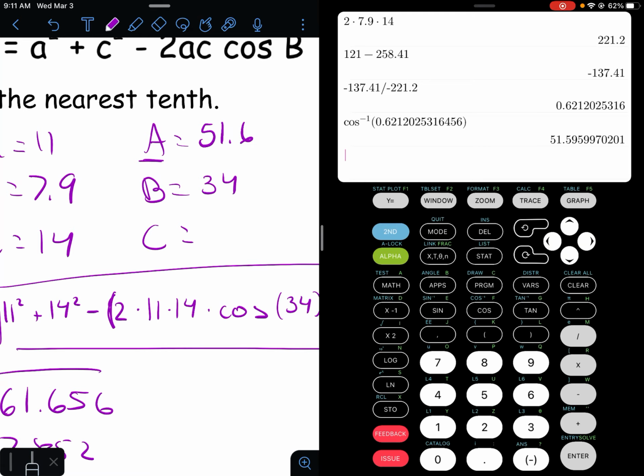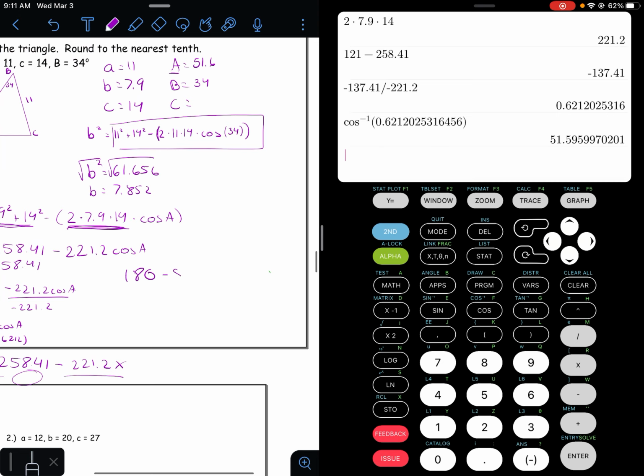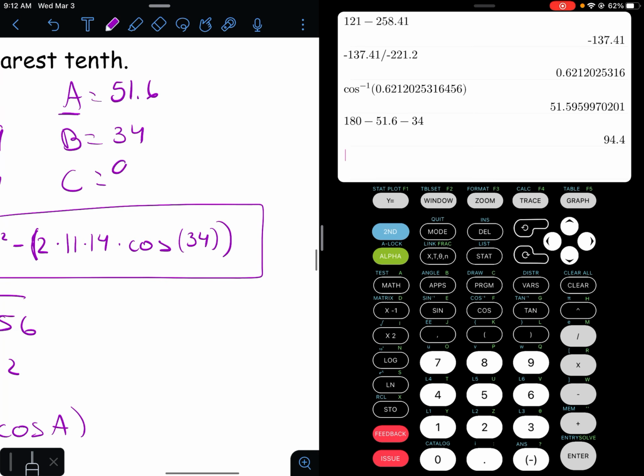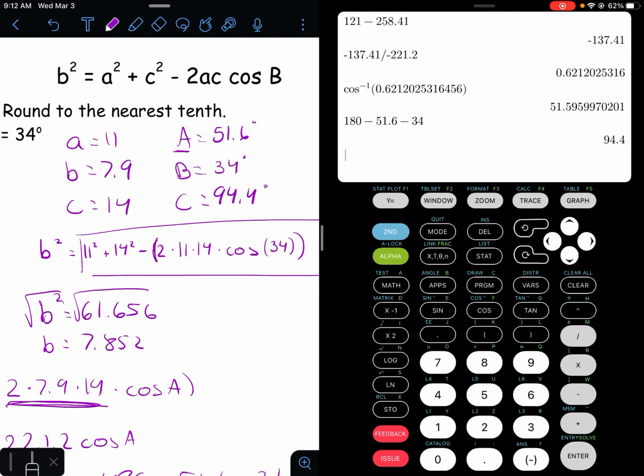So we could go ahead and do 180 minus 51.6 minus 34, and we get 94.4. So this guy here is going to be 94.4 degrees, and I should slap degrees on there because they are angles. And now we've solved for our triangle.